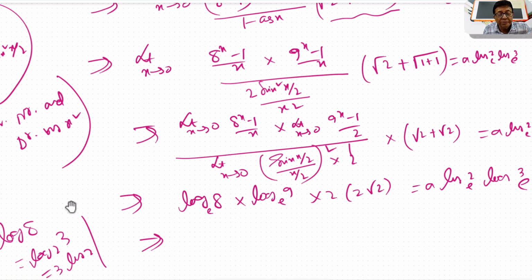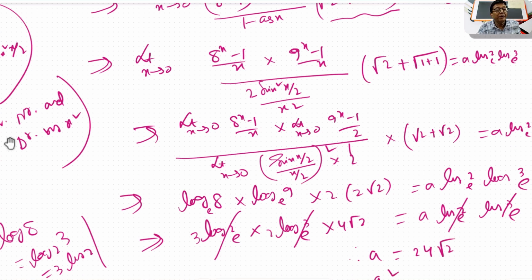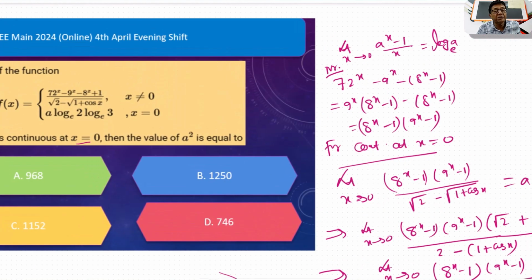So you write 3 log 2 into 4 root 2 equal to a log 2 base e. See, these two are getting cancelled. So a is 24 root 2. So a square, I think this was the requirement of the sum.